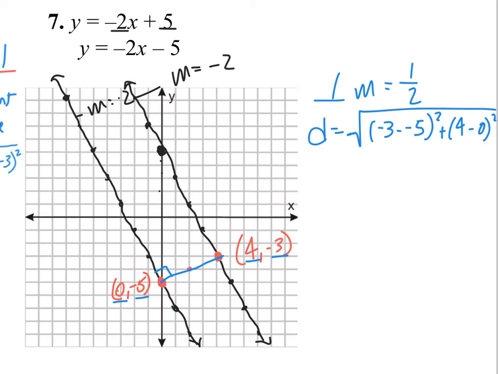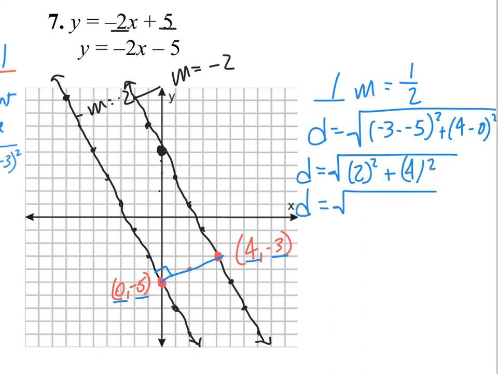Okay, so then my distance is equal to the square root. Okay, this is -3 plus 5, which gives us 2. So we get 2 squared plus 4 squared. Okay, and so then my distance is equal to the square root of 4 plus 16. So then my distance is equal to the square root of 20.